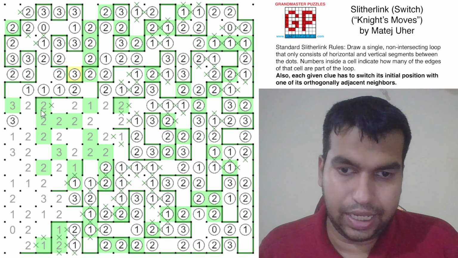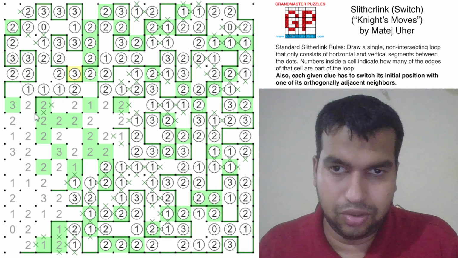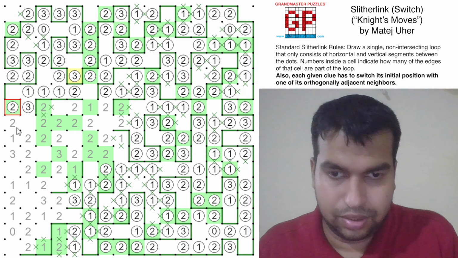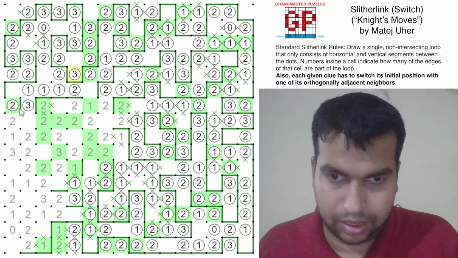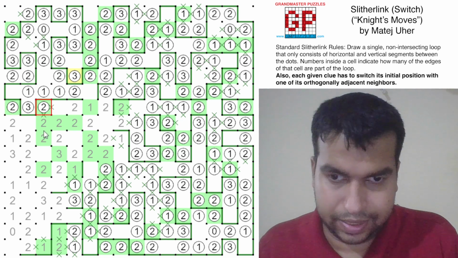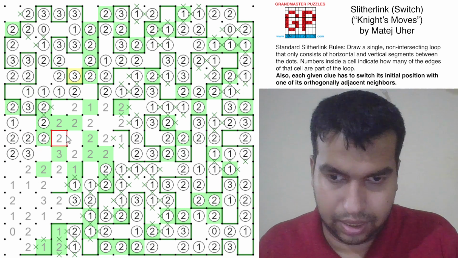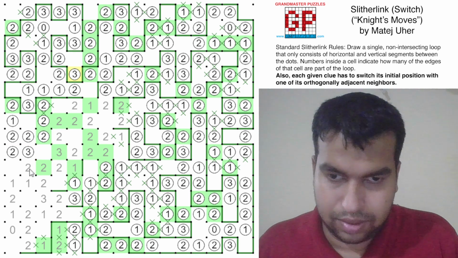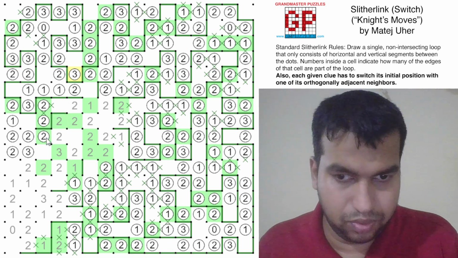So the 3 cannot end up going down, so it'll actually go right. So these 2 pair up, and that gives us a little more, and some more pairings as well. This is forced, these 2 are forced, and these. So some more of the loop now.